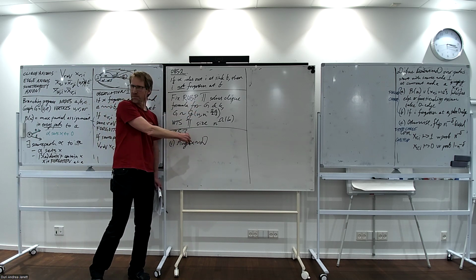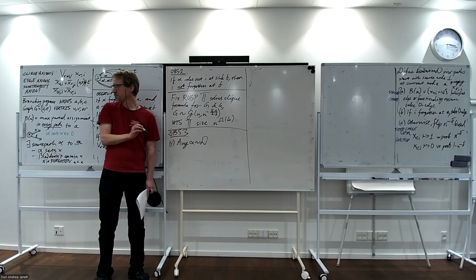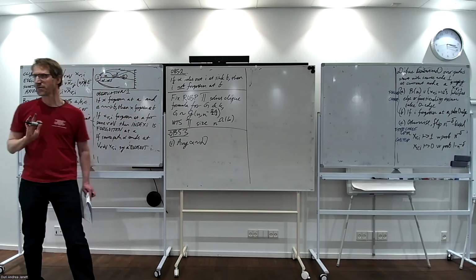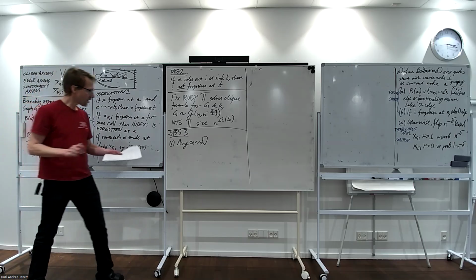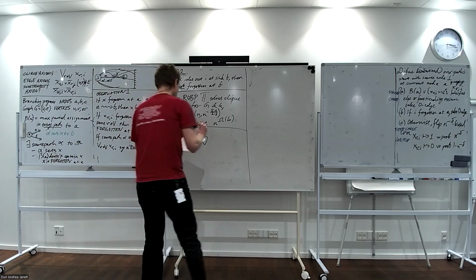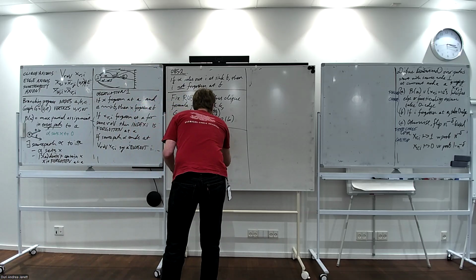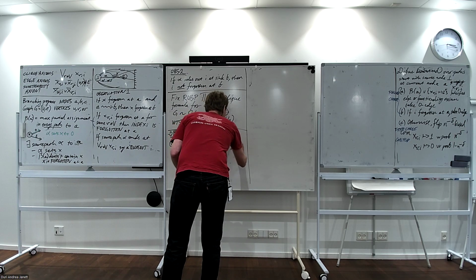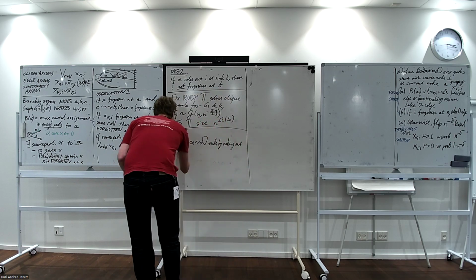But sometimes it will just mean that alpha is in the support of the distribution. Hopefully it's clear from context which of the two I mean. Here I'm just saying that any alpha in the support of this distribution ends by ruling out some index I.